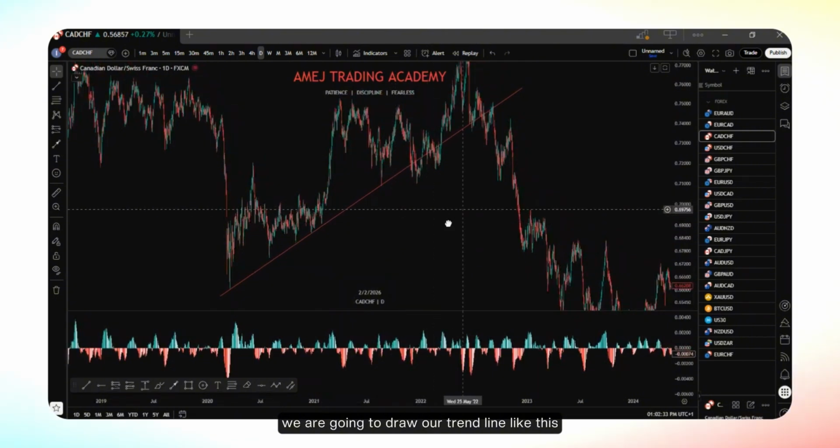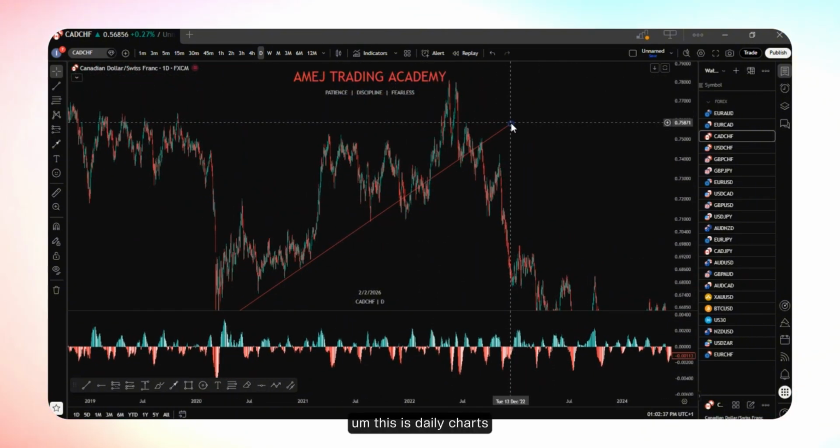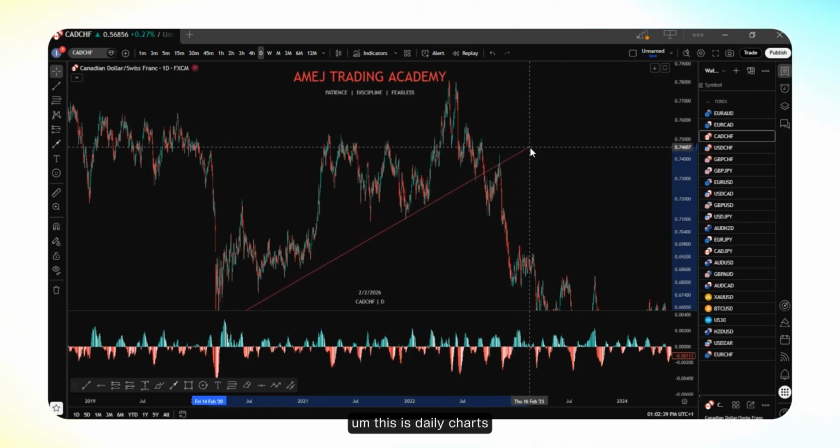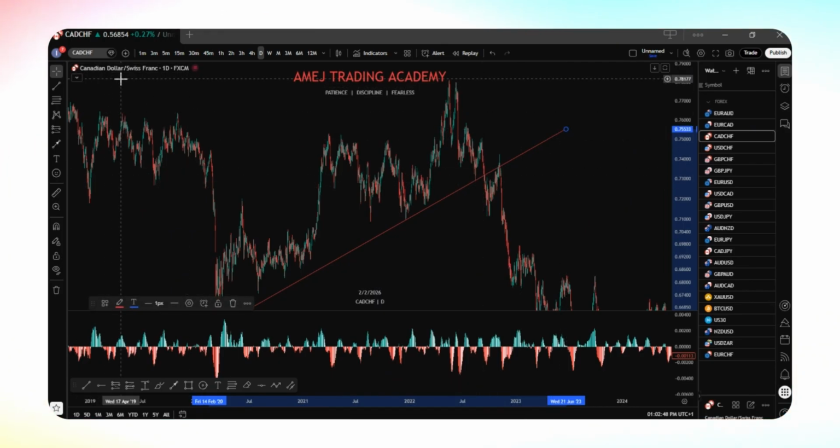This is the daily chart, the Canadian dollar and Swiss franc, which is CAD/CHF.